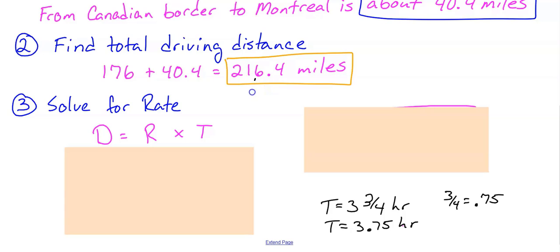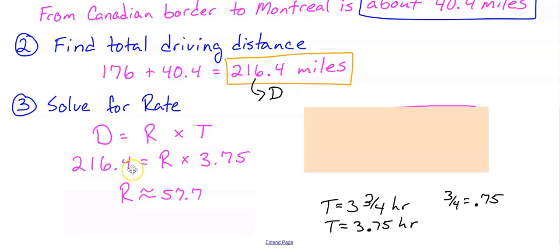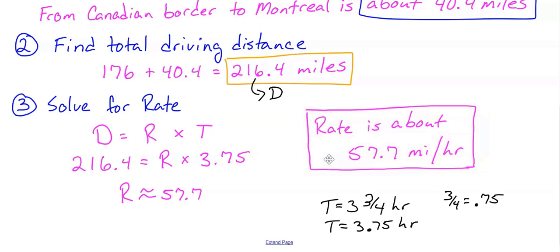I know that this 216.4 is going to be my distance. So when I plug them in, I get 216.4 equals the rate times 3.75. Dividing, I get approximately 57.7. So my rate is about 57.7 miles per hour.